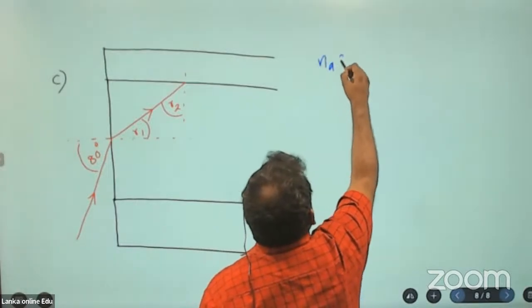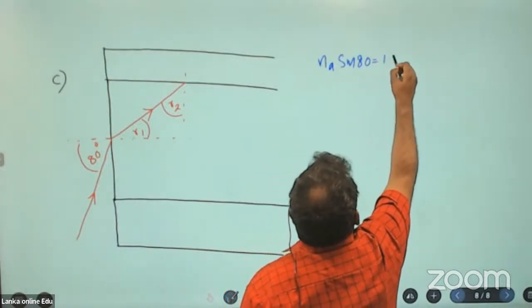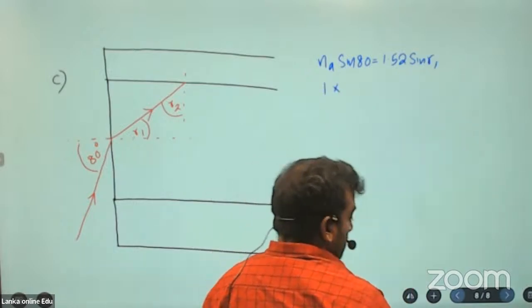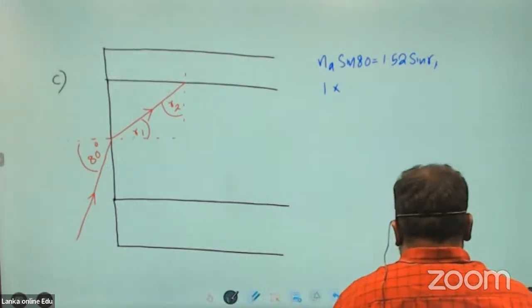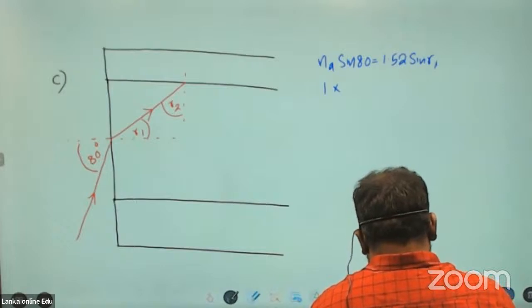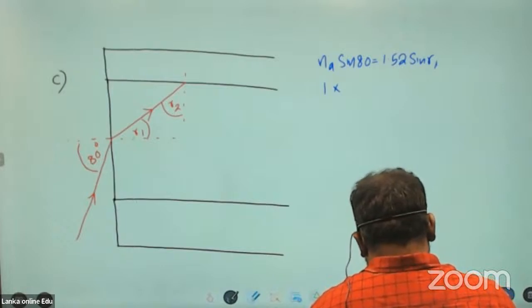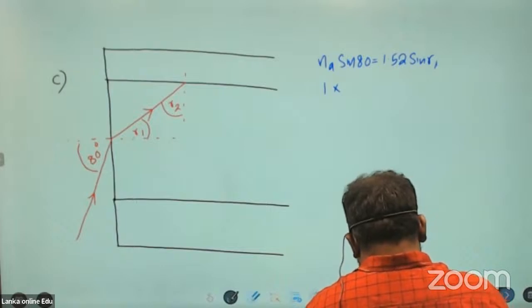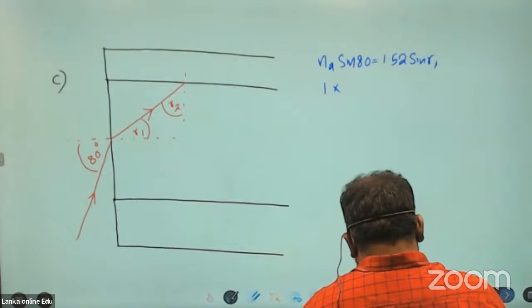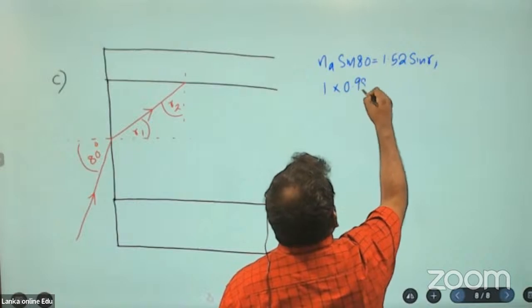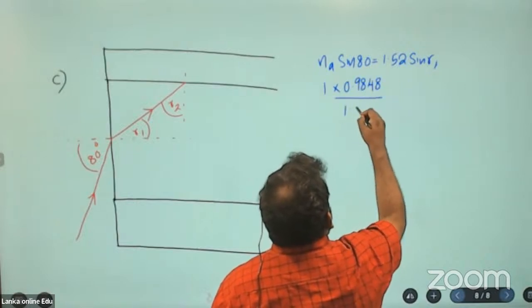So NA sine 80 equals 1.52 sine R1. Sine 80 is 0.9848.